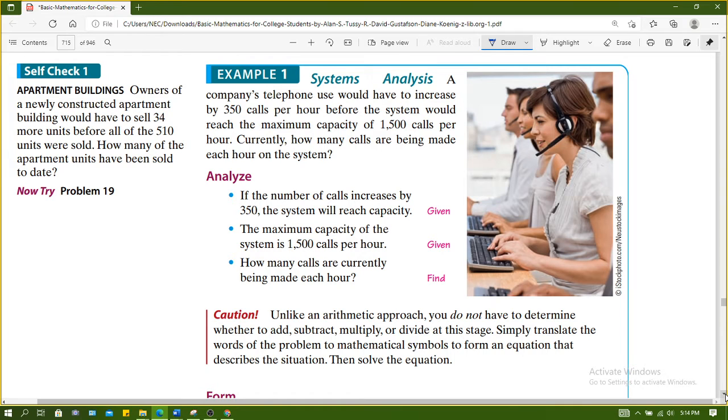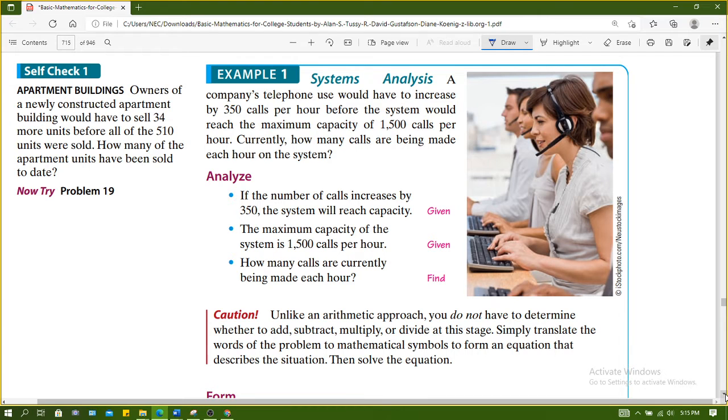But those who are really doing well in analyzing situations, problems, especially real life problems, are those who can understand the equation. And therefore, you need to apply your basic English skills, reading comprehension. So, example number one, and then you will also solve self-check number one.